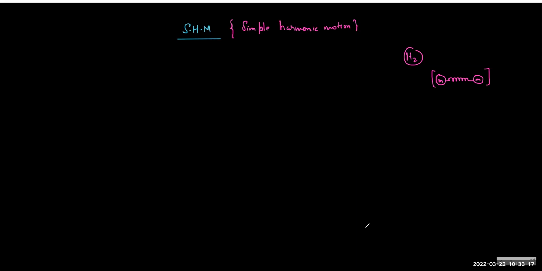So the birth of SHM is inherent to the birth of the universe. When we see complex motion or complex oscillation like a seismic wave or earthquake, if we go on analyzing this seismic wave at a very small scale, it ends up becoming SHM also.